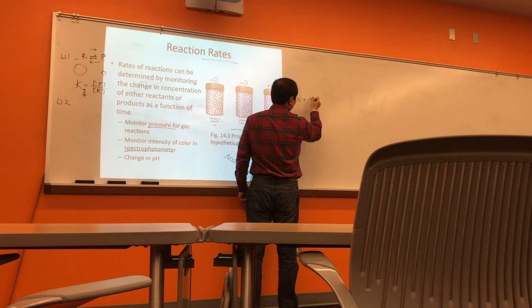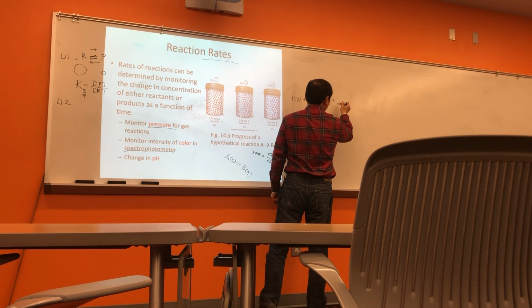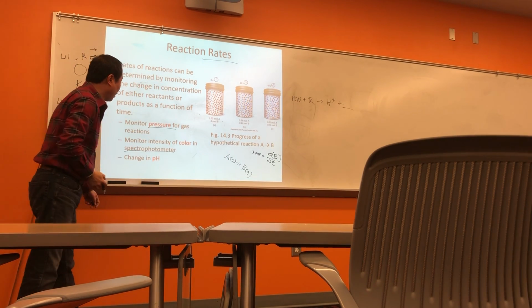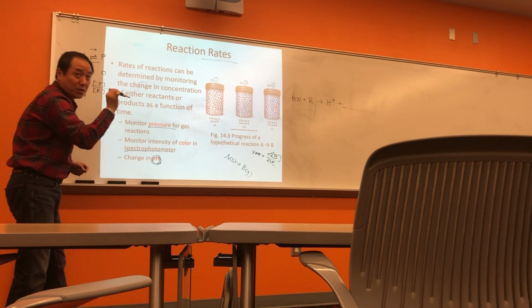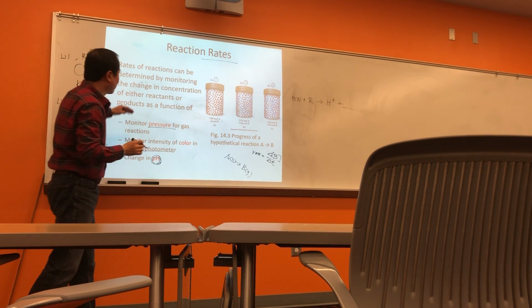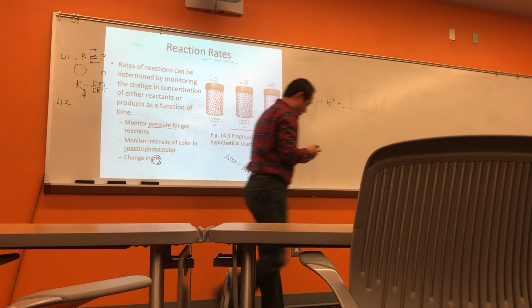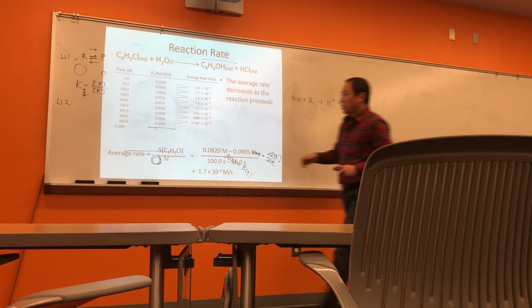I'm just making this up: something reacts with something and produces acid. Then the reactants probably include hydrogen, and that will change pH, so you can monitor pH. That's another way to measure the reaction rate. So this is how you do it.